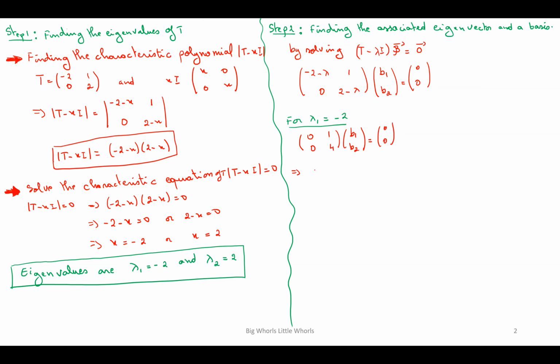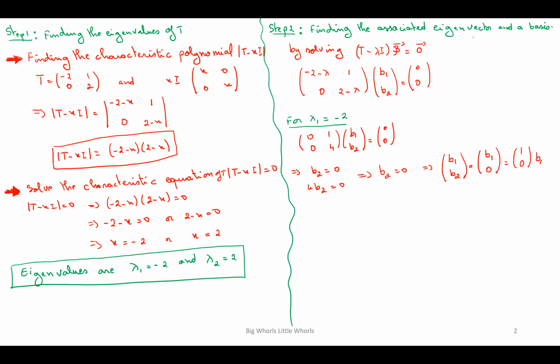So this means we have b2 equals 0, and we know how to multiply a matrix by a vector, so I'm not going to spend too much time here. That means the associated vectors, because we have infinitely many solutions for such systems, b1 is still b1, b2 is 0. This is equal to 1, 0 multiplied by b1.